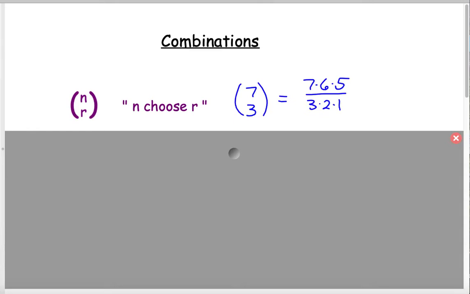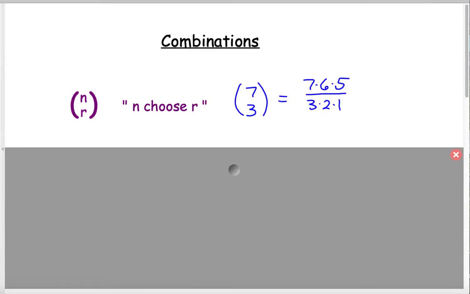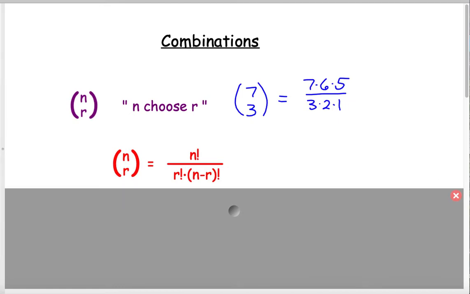Okay, so mathematically, how can I write this? Well, it turns out that n choose r is n factorial divided by r factorial times n minus r factorial. Where does that come from? Well, if we look at our example here, if I continued and said times 4 times 3 times 2 times 1 on top, and also multiplied that on the bottom, that's really the same answer.